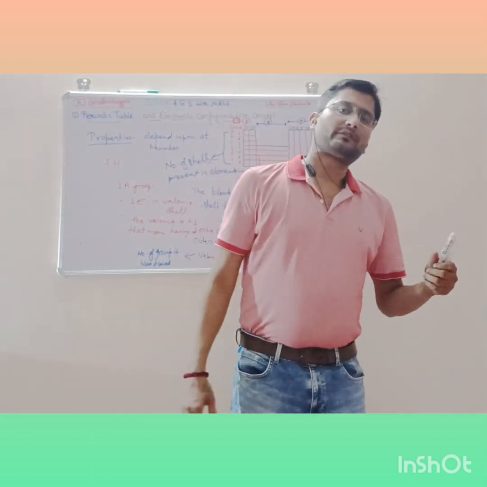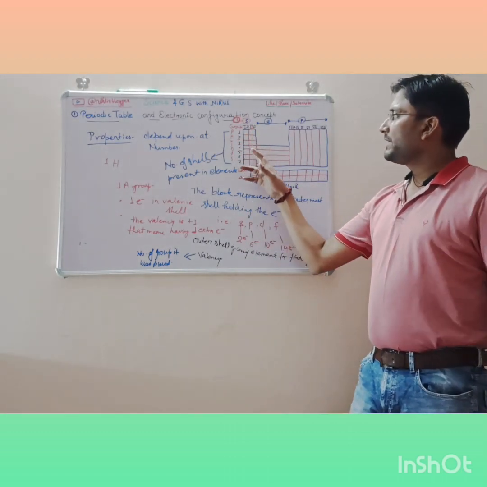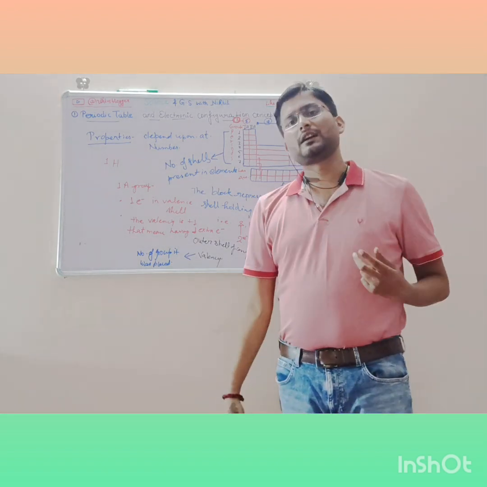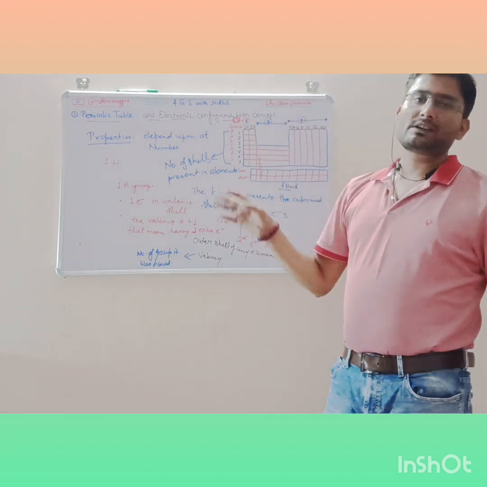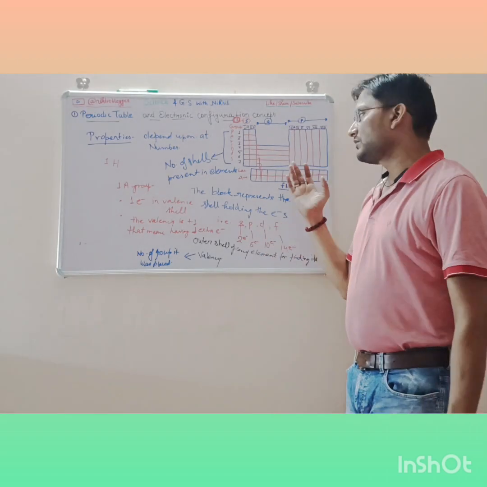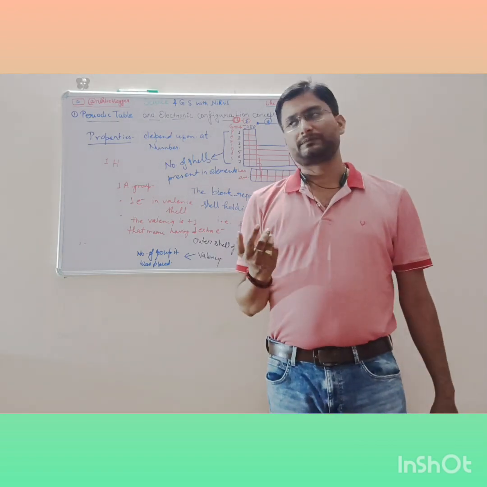Same for the case of second A group also. If we are talking about second A group, the whole element from period number 1 to 7, they are having only 2 electrons in the outermost cell. That means the valency is positive 2. Same for the third group also. The outermost cell is holding 3 electrons in its valence cell.